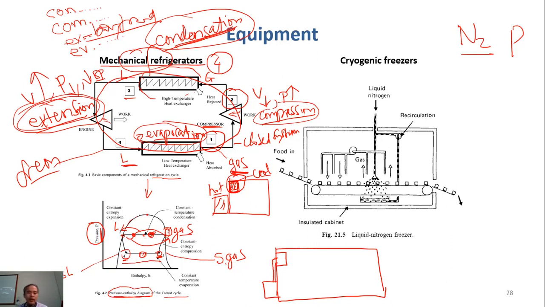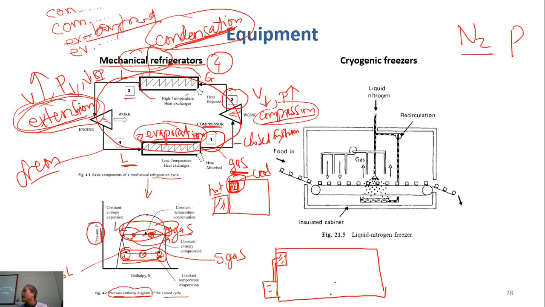Now, what do we have? The two main heat exchangers here, the 4-1 and the 2-3. Which one is at which part? This is the cooling part. What do you think, 4-1 or 2-3? What do you need in your room? You need to cool down the air, meaning you need to take the heat from the air, right?